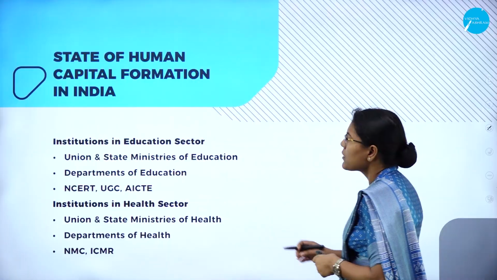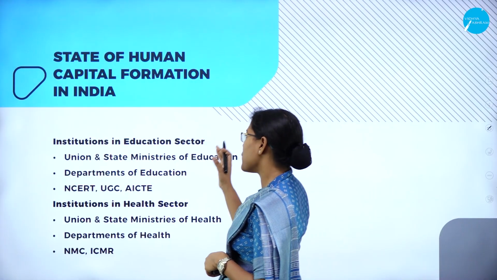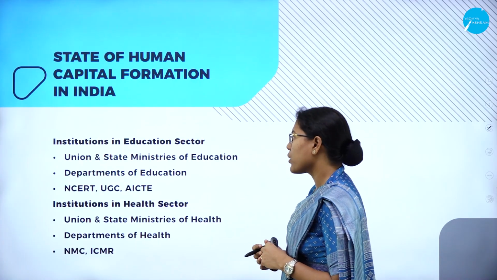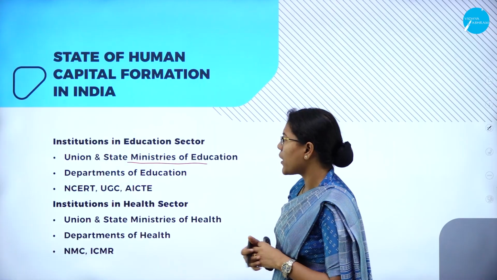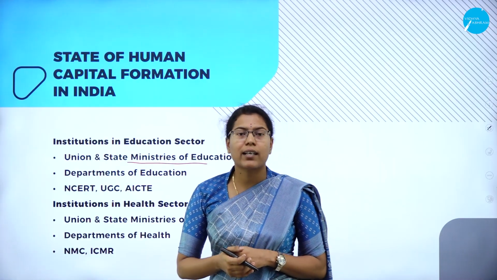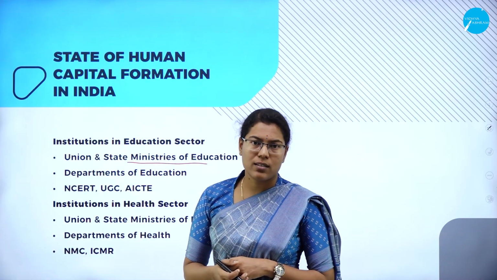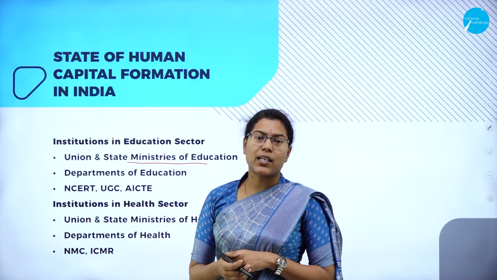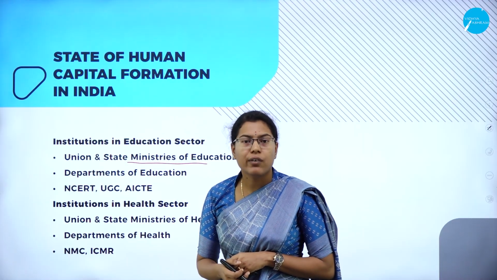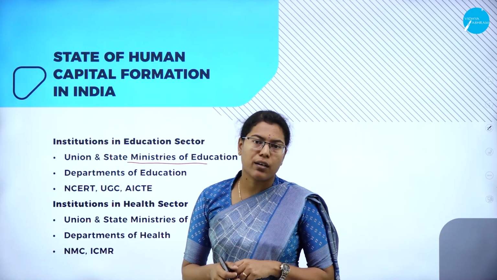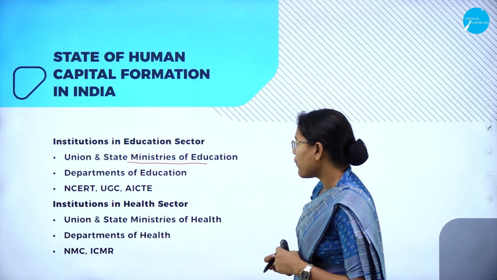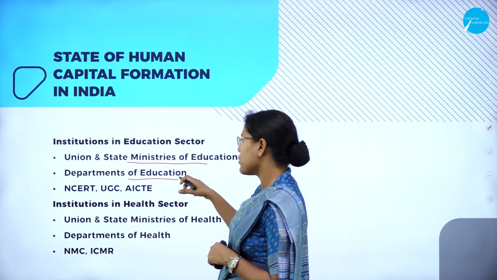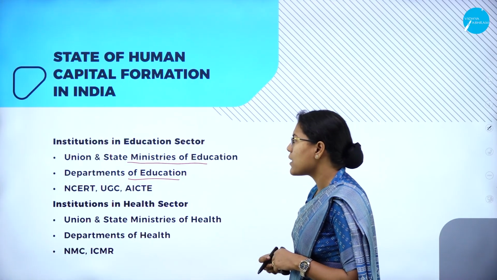Moving forward, some of the institutions in the education sector: we have both union and state ministries of education. Under them there are many institutions under the central government as well as state governments providing free and compulsory education for children as well as students. And we have various departments of education at both the state and central level.